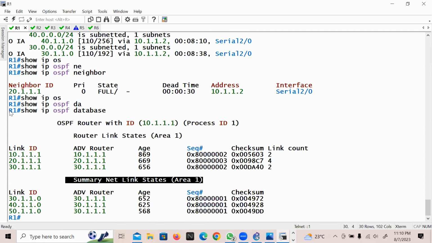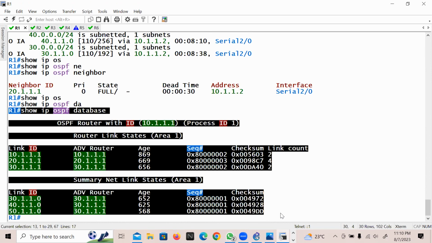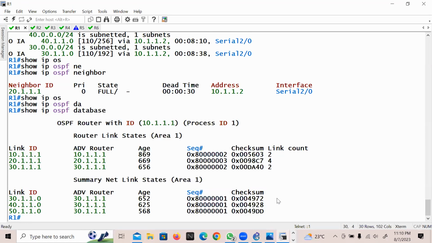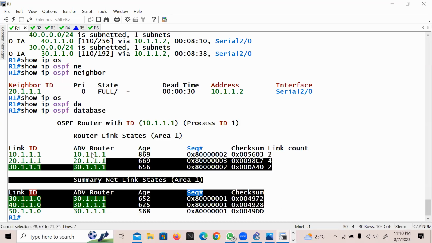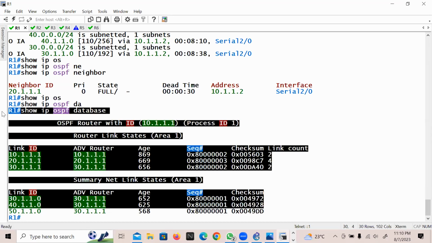I will talk about this in depth, but first I want you to do this lab. Then I will talk about it. It will also give you a lot of explanation. If you can understand this, you can troubleshoot OSPF.